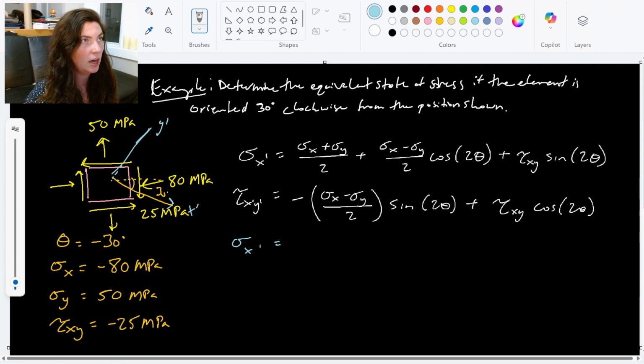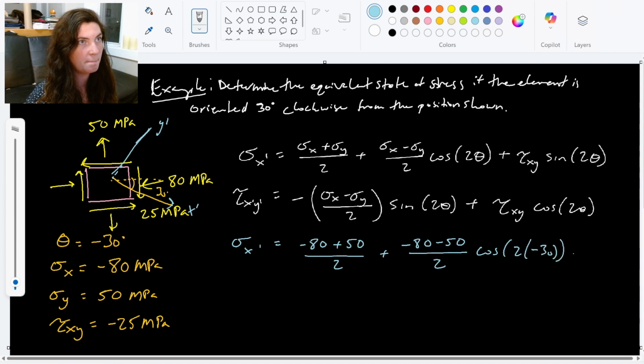This is just going to be our x plus our y over 2, so that's negative 80 plus 50 over 2, plus, again, x minus y, so negative 80 minus 50 over 2 times cosine of 2 times theta, and theta is negative 30, plus shear stress, again, shear stress is negative.